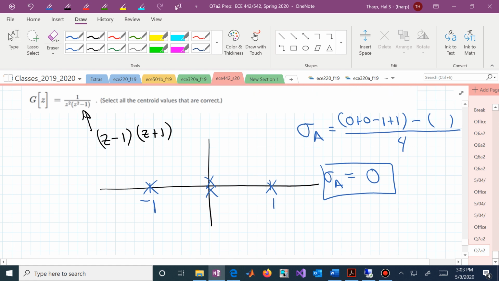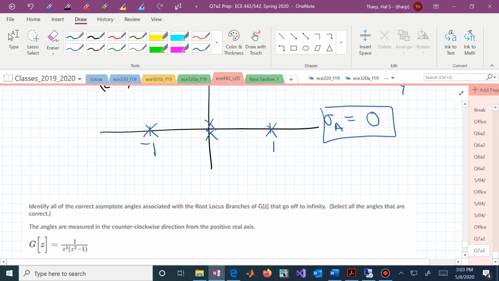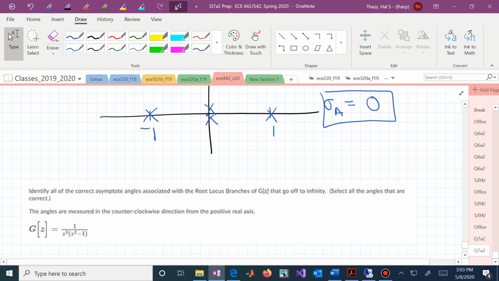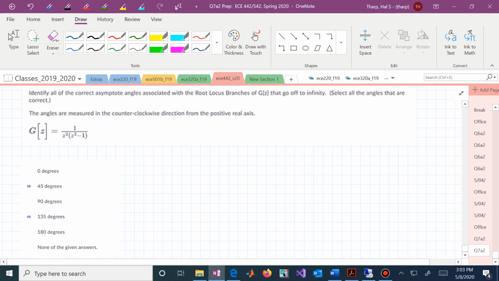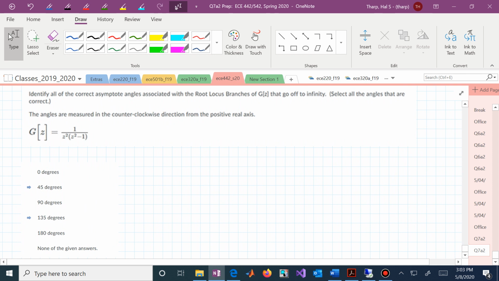The centroid angles will be asked in this next question. So identify in this question the angles, or identify those that are in the answer of our asymptotes. And here I'm giving you the answer, but let's just figure out where those are.